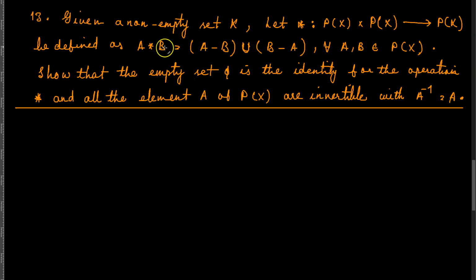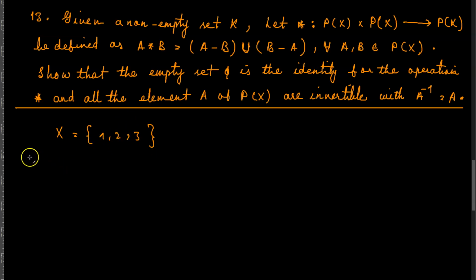So you have a non-empty set X, and star is a binary operation on the power set of X, meaning that suppose your X is, for example, the set {1, 2, 3}. All the possible subsets of this set are, for example, {1}, {2}, {3}, {1,2}, {2,3}, {1,3}, the whole set, the null set, and so on.